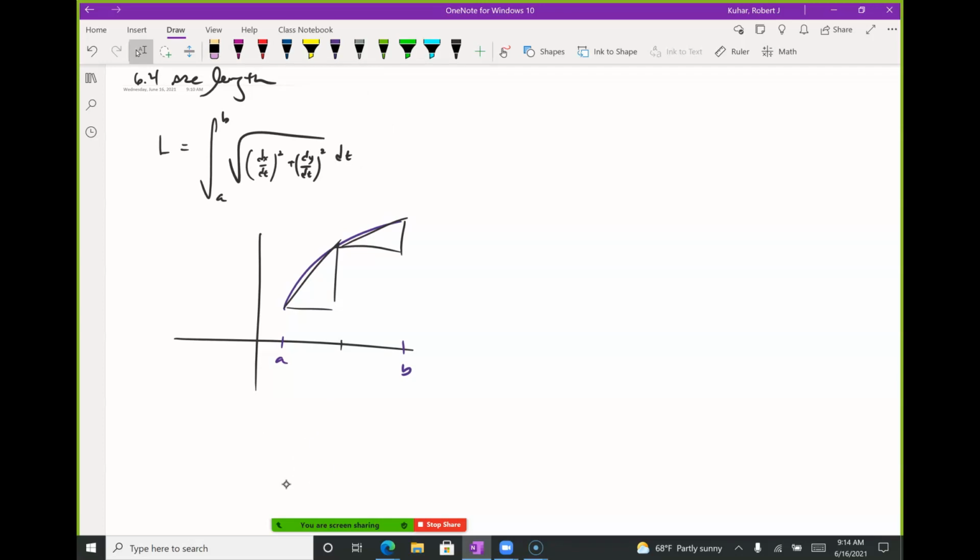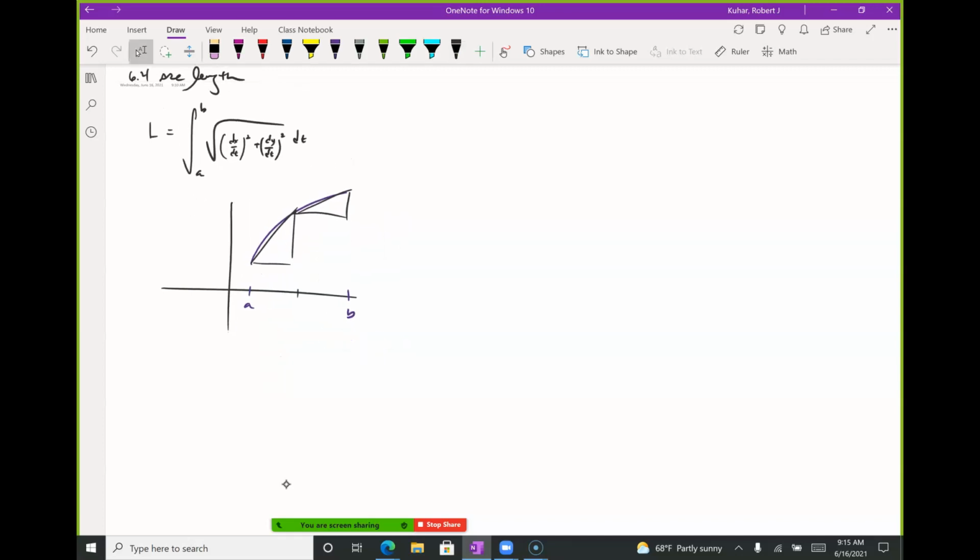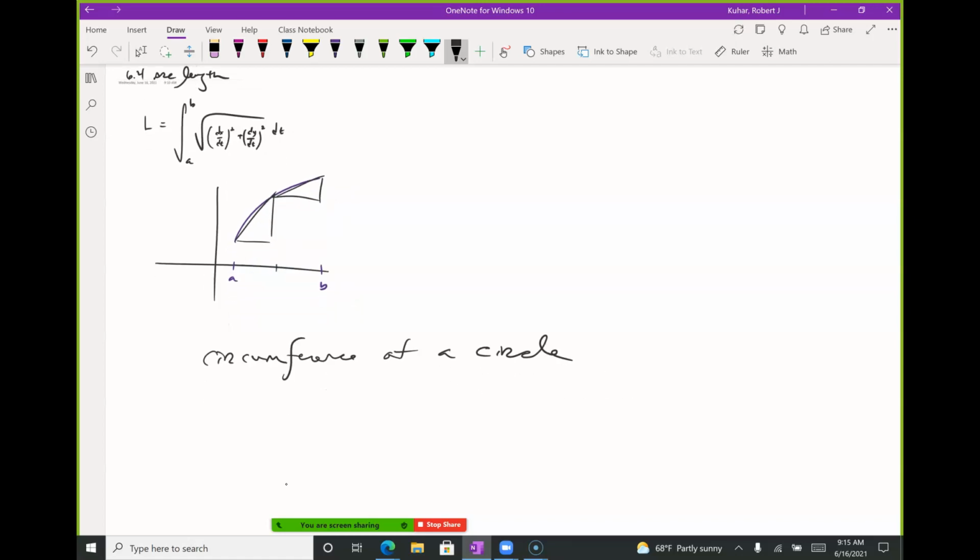So let's just do one quickly and see how we do. Let's do the circumference of a circle as our first example.